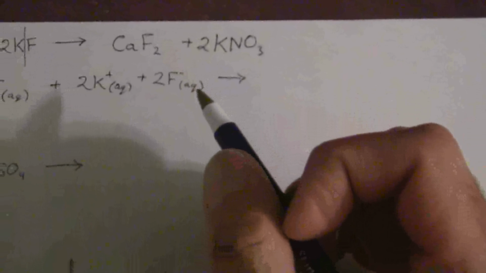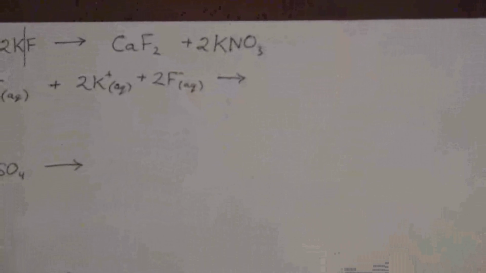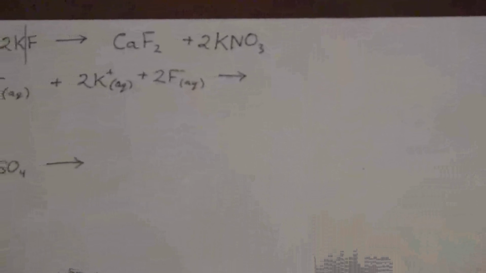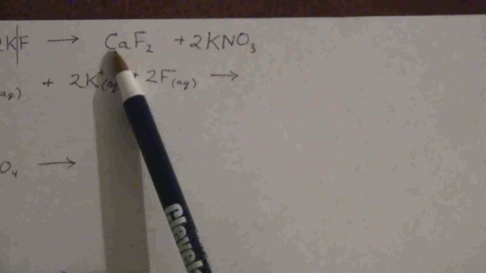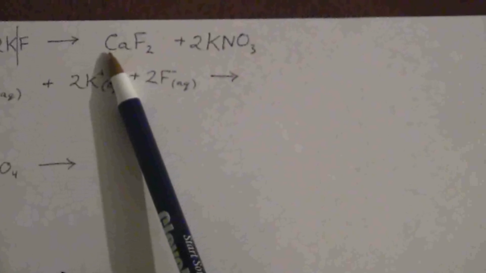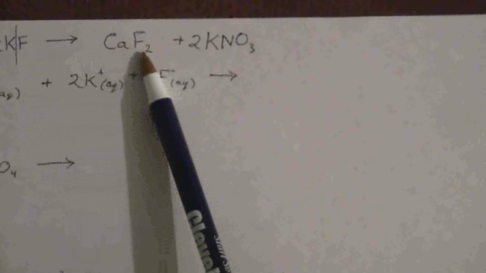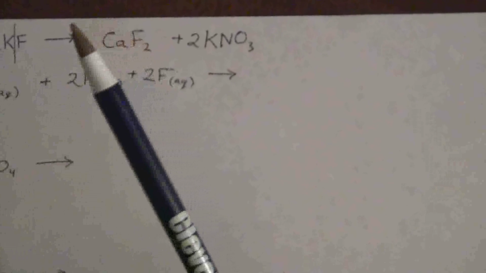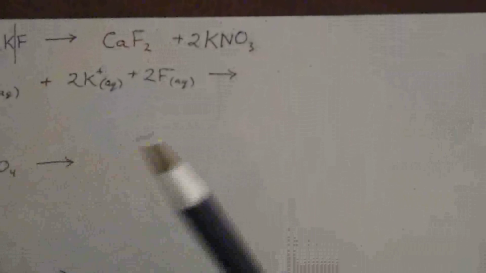And on page 149, it has some solubility tables, but we look at this and we don't find any calcium referenced in the table, nor do we find any fluorine or fluoride ions referenced in the table.